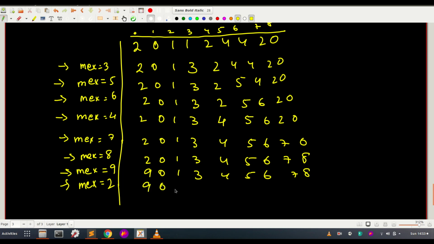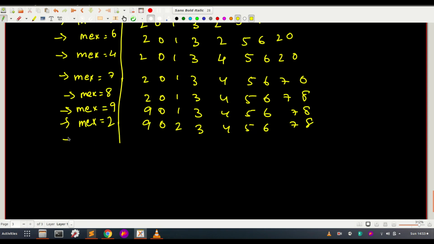So I'm going to replace V of 2 with 2, and finally I do the same for 1, and for 0 it's going to be corrected.